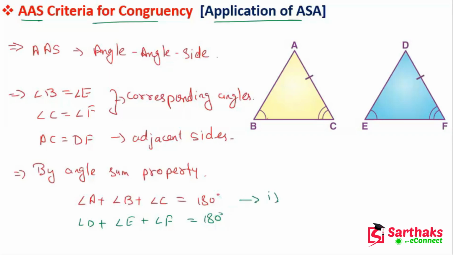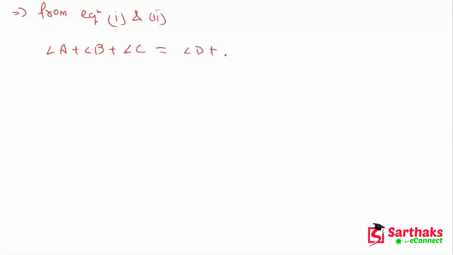So this is equation 1 and this is equation 2. Now we can equate these two equations because both the RHS are the same. From equations 1 and 2, we can say that angle A plus angle B plus angle C is equal to angle D plus angle E plus angle F.